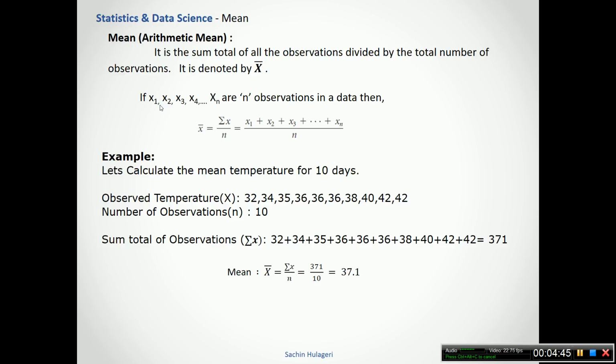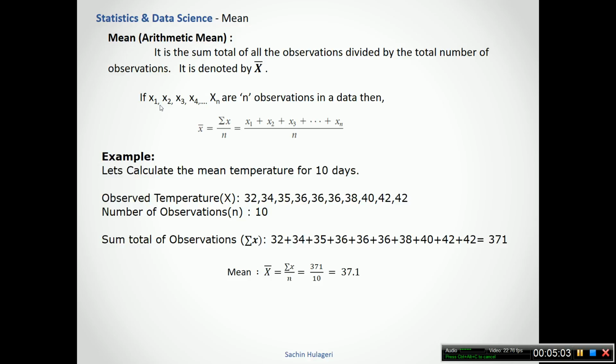Let's see a small example. Let's calculate the mean temperature for 10 days. Observed temperatures are 32, 34, 35, 36, 36, 36, 38, 40, 42, 42. The number of observations is 10.